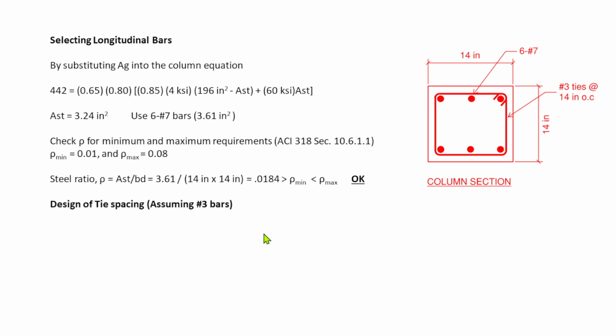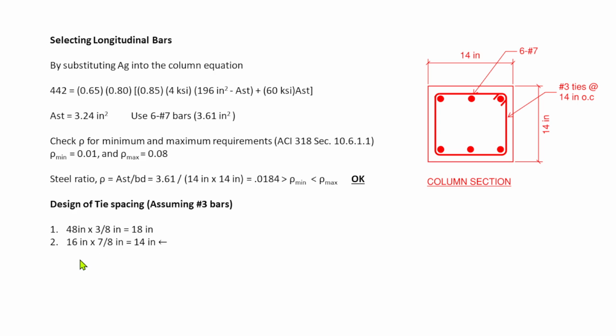The next step is to determine the spacing of our ties. Let's say we are using single ties, and we have criteria for the spacing. First, 48 times the tie diameter. If we use number 3 ties, that is 3/8, so 48 times 3/8 is equal to 18.